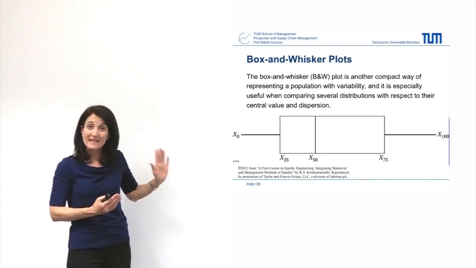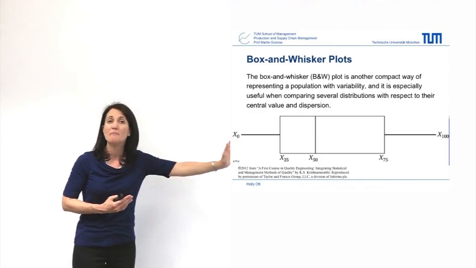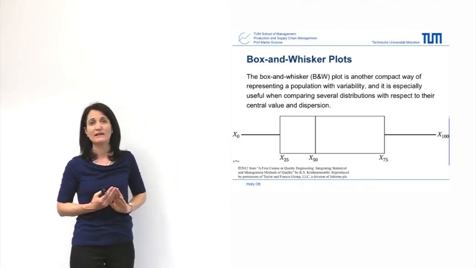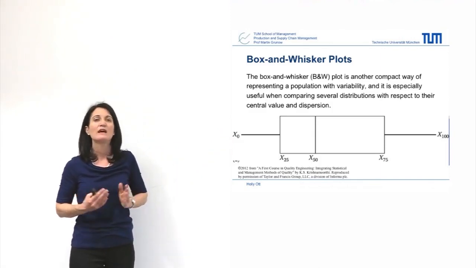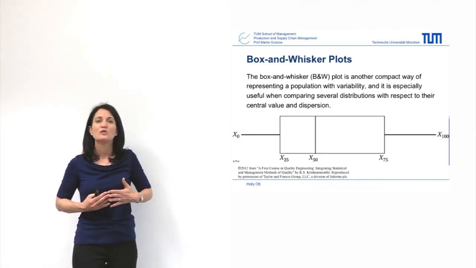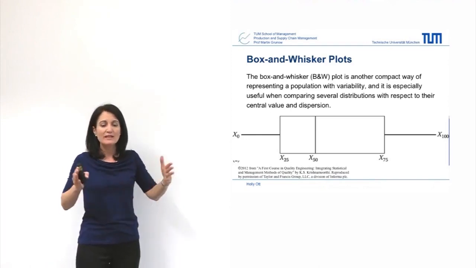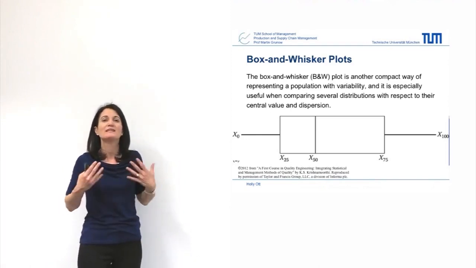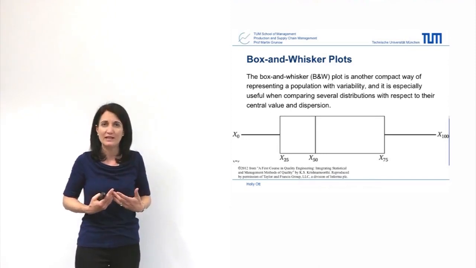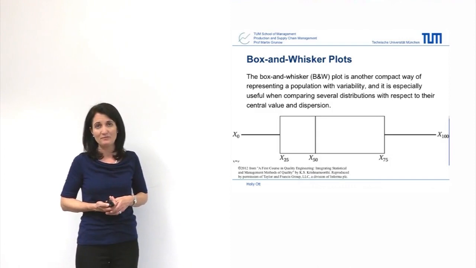It gives you the median value, the x50, and the minimum and the maximum value, x0 and x100. And then you can have the percentiles, x25 and x75, to show you where the bulk of your data is situated. So looking at the width of this box gives you an idea of how spread out your data is, as of course does the minimum and the maximum value.